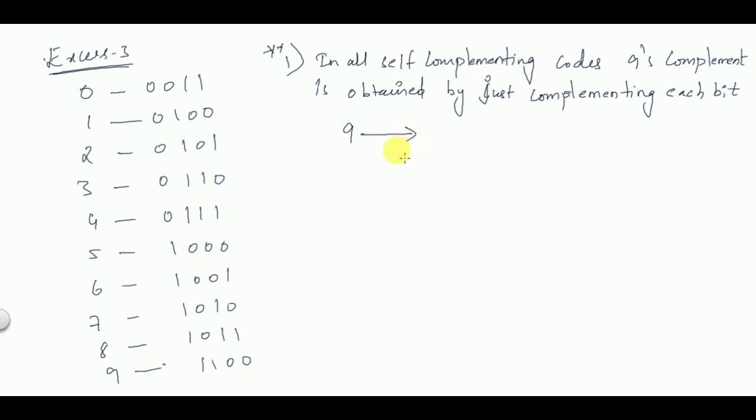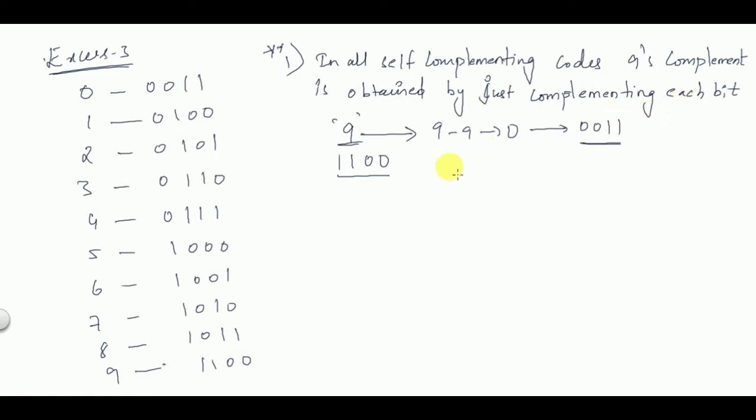Its 9's complement is obtained by subtracting the number from 9. So for the 9's complement of 9, 9 minus 9 is 0. The representation of 0 is 0011, and 9's representation is 1100. So if you want the 9's complement of this, you just have to complement each bit. So in all self-complementing codes, the 9's complement is obtained by just complementing each bit.